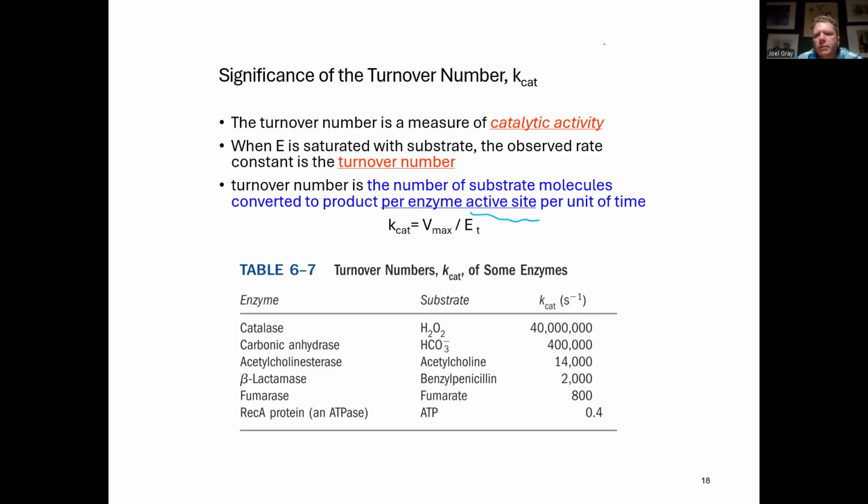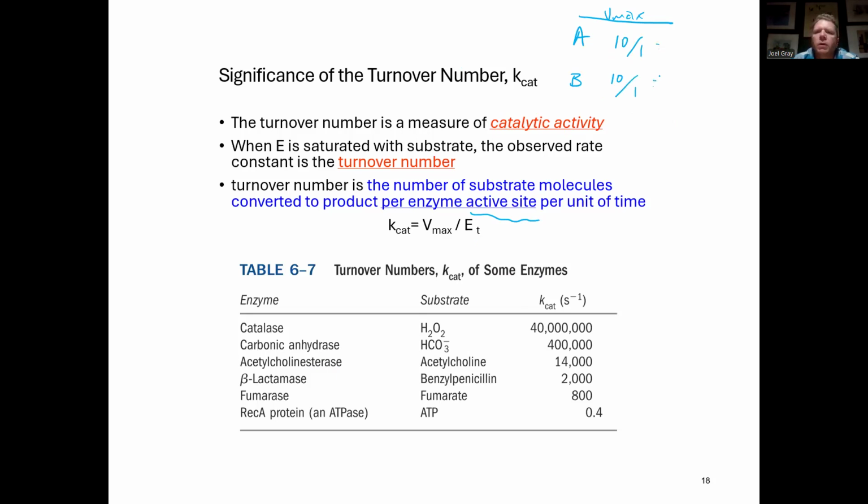So let's calculate the kcat of two enzymes, enzyme A and B. Let's say they both have a Vmax of, I'm going to give a nice round number, 10. Let's say that we simplified this down as much as possible, and this is 10 per 1 unit of enzyme.